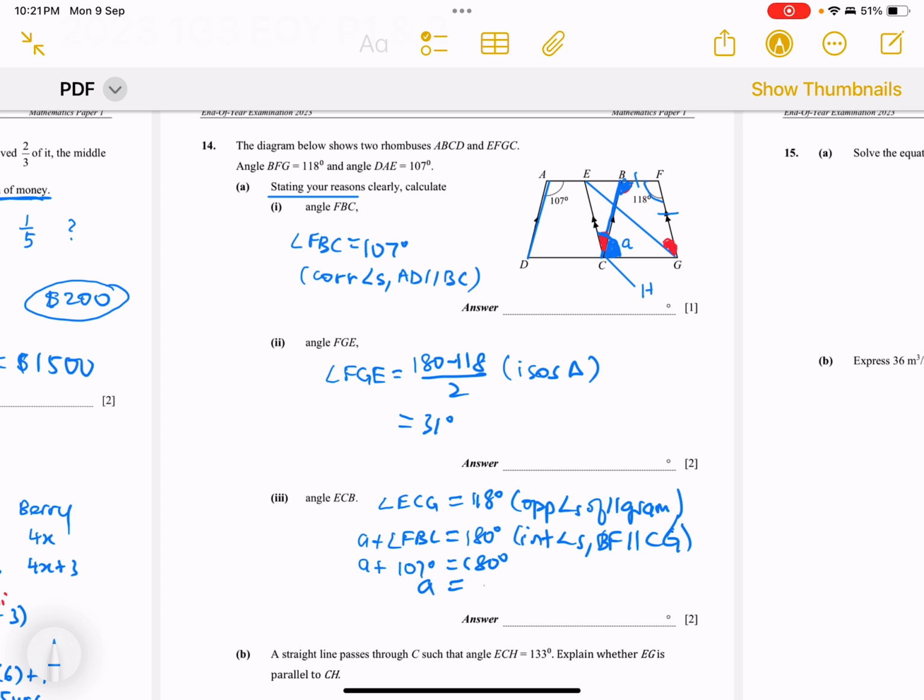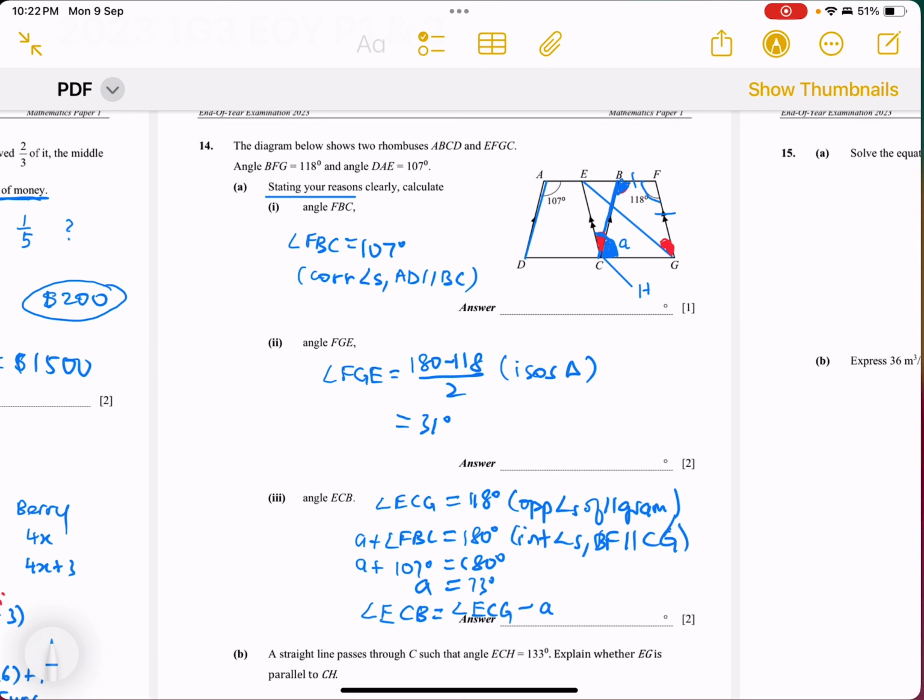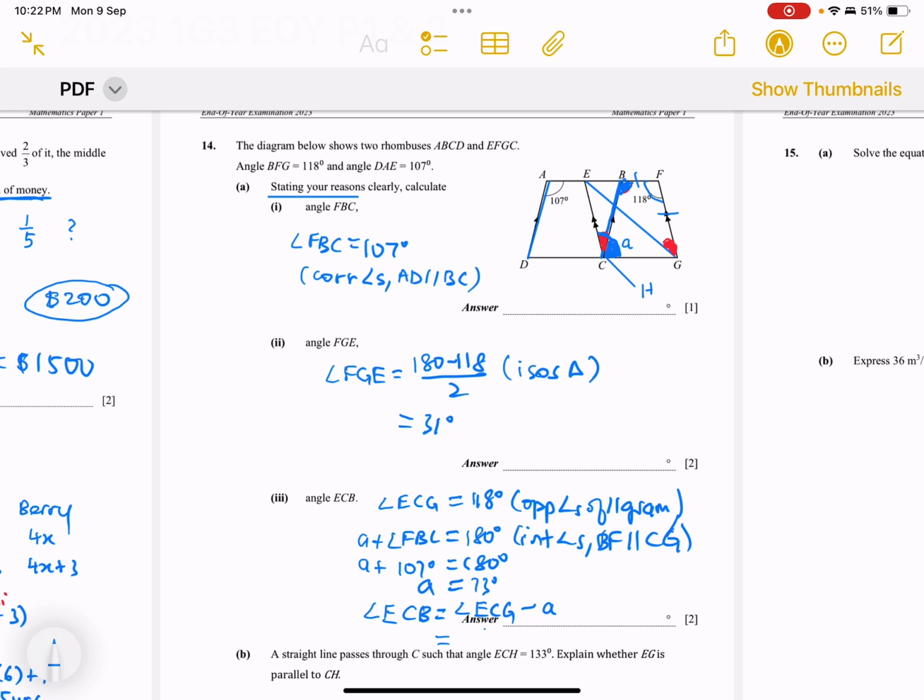So therefore our angle A is 73. Now we can find angle ECB, which is angle ECG, 118, minus angle A, which is 73, and this equals 45.